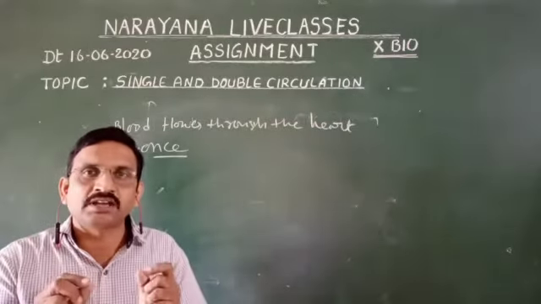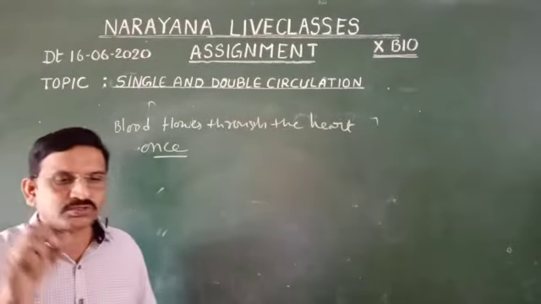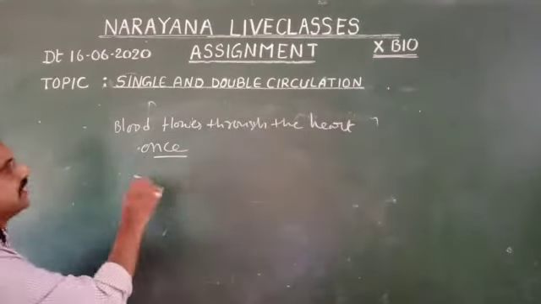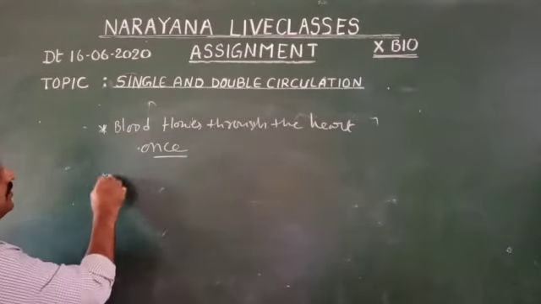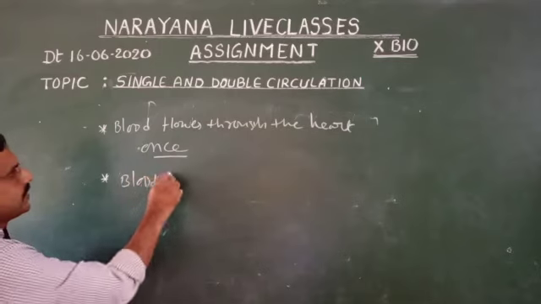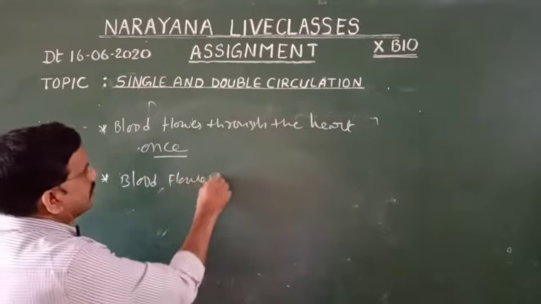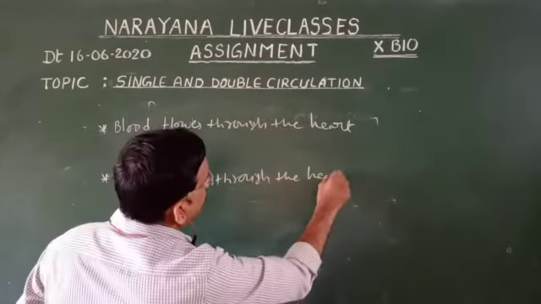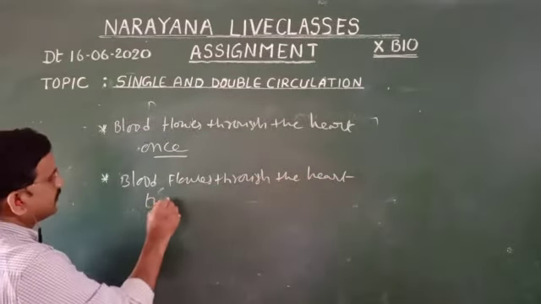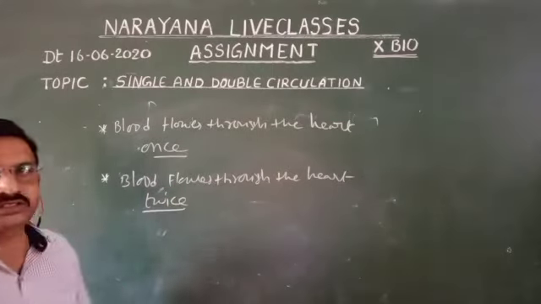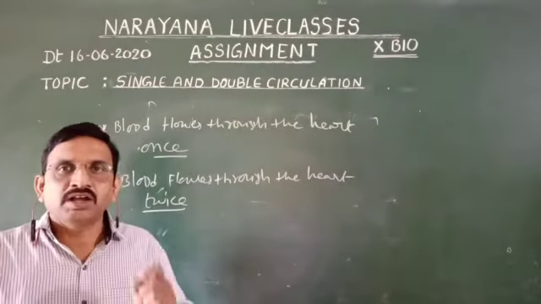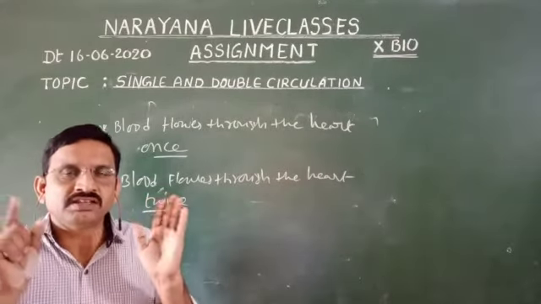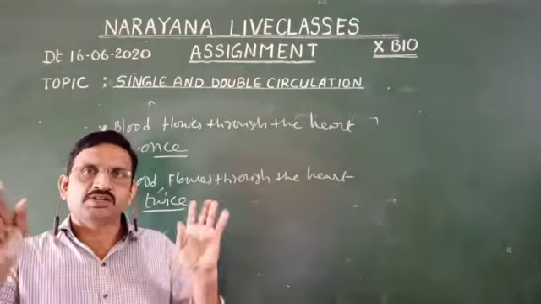Second one, double circuit circulation: blood flows through the heart twice for completing one circulation. That is called double circuit circulation.